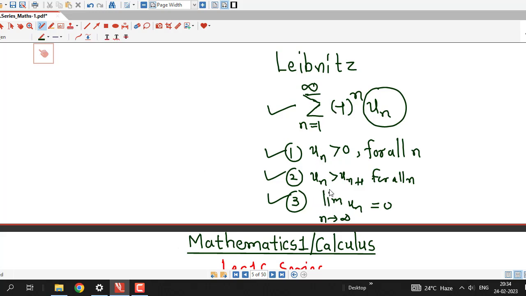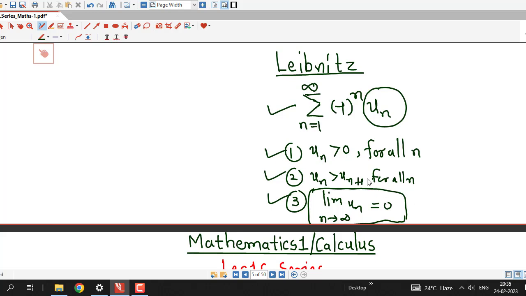Now if any of these three conditions is not satisfied, then we cannot apply Leibniz rule or alternating series test. So in that case we have to think of another test. This test gives us the conditions for convergence of alternating series. If these three conditions are satisfied, then series is convergent, but if at least one of them is not satisfied, then this test fails.